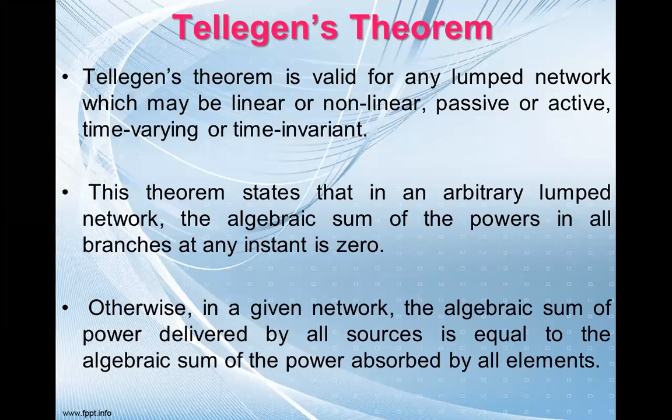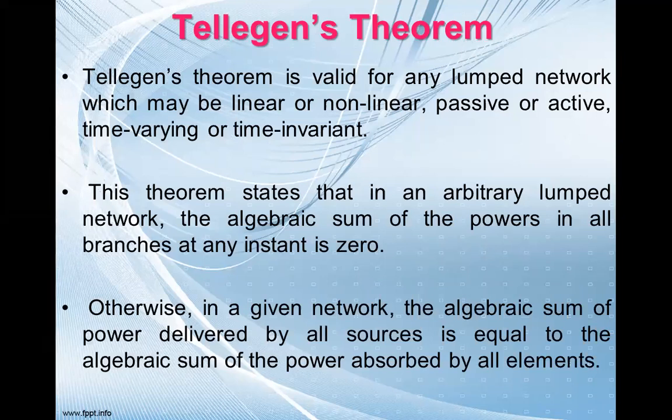At any point of time, the summation of the total power consumed and delivered within the electrical circuit, across all these elements, should be equal to how much? It should be equal to 0. Power consumed plus power delivered should be equal to 0. That is basically Tellegen's theorem.